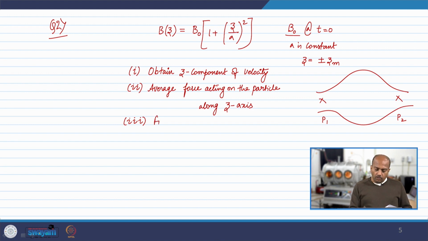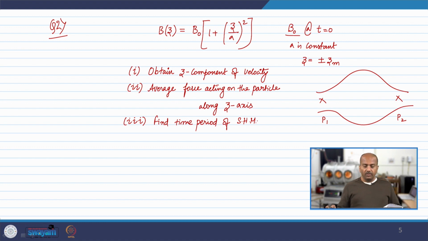So find out the time period of the simple harmonic motion, which is to be seen between the two mirroring points. So this is the problem.